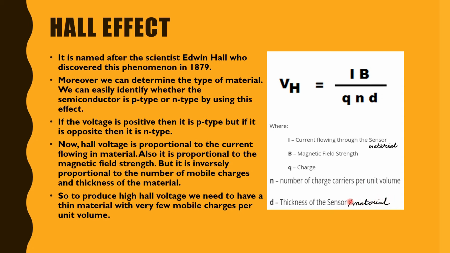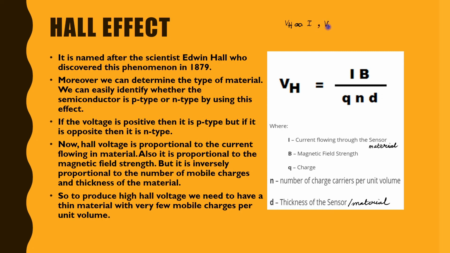Okay. Now, you will see that VH is the Hall voltage. So we can write VH is proportional to our current.